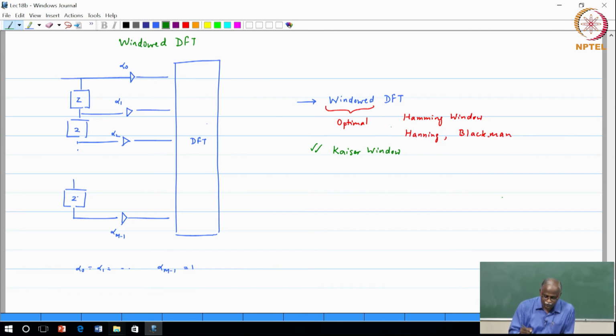And we also said that one is looking at the window; second, if it is possible, you would want to work with a higher size DFT, increase the size of the DFT. There are times when you cannot increase the size of the DFT. When can you not increase the size of the DFT?